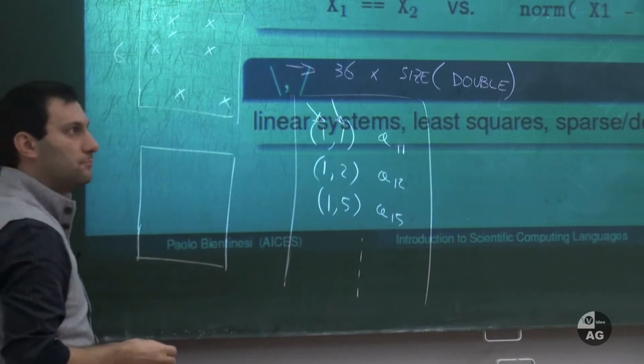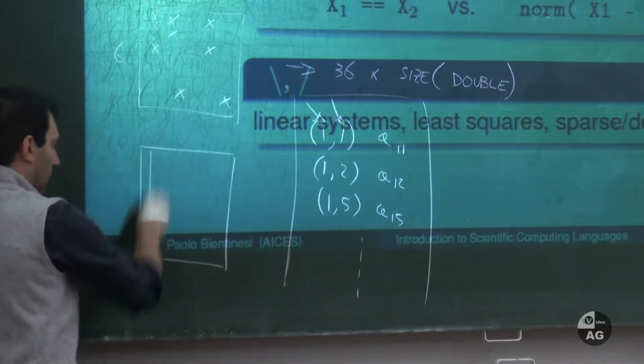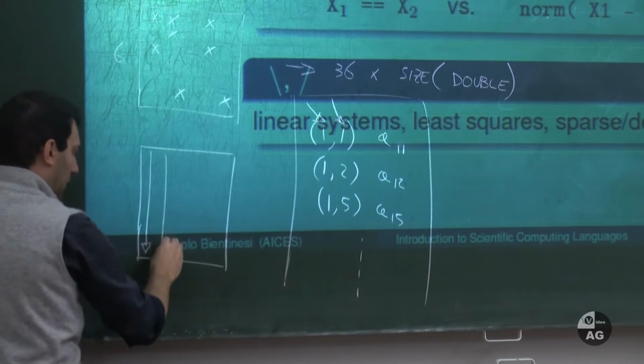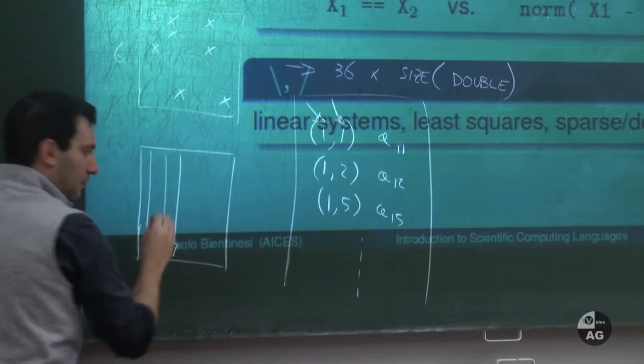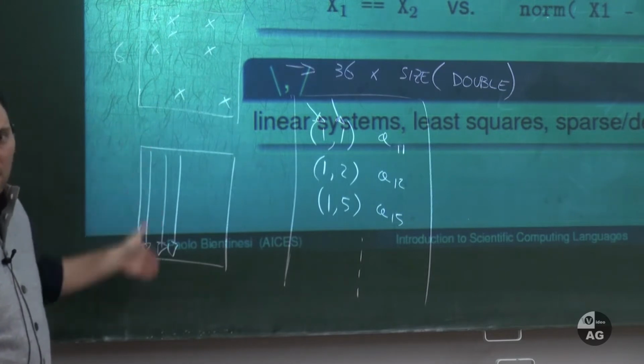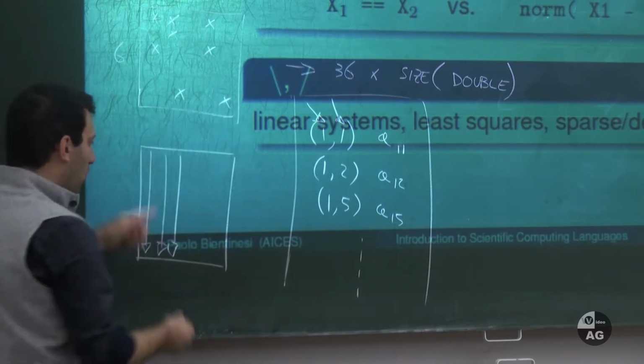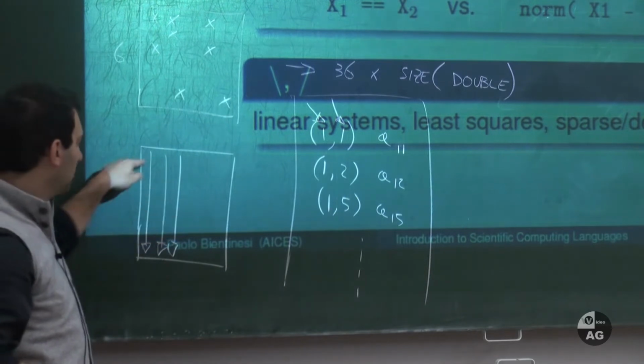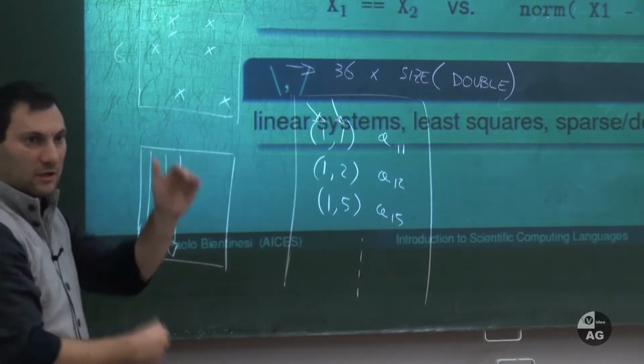convention, we have decided that our entries follow one another column after column. So we don't really have to say where we are relative to the beginning. We just put all the entries one after another.